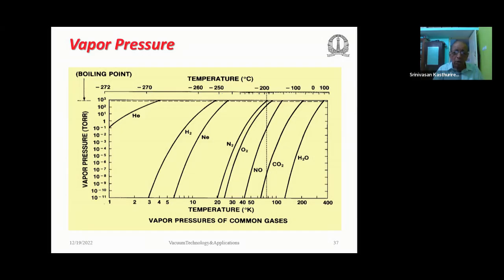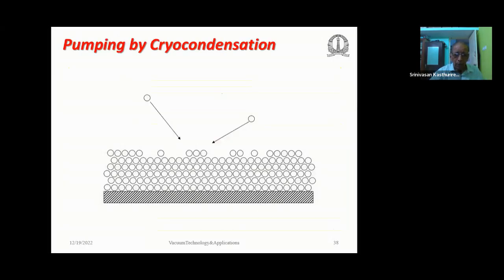So the higher boiling point component will more or less be frozen at a lower temperature. We are going to make use of this effect of the variation of vapor pressure as a function of temperature for different materials with different boiling points.